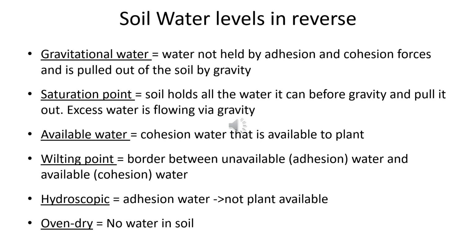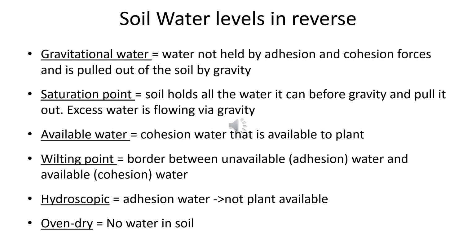So I like to look at these different levels kind of in reverse of that diagram. I kind of start at the gravitational water side. So you have all the water dumped onto the soil and it's holding all the water it can, and excess water is just flowing through the pores by the force of gravity.